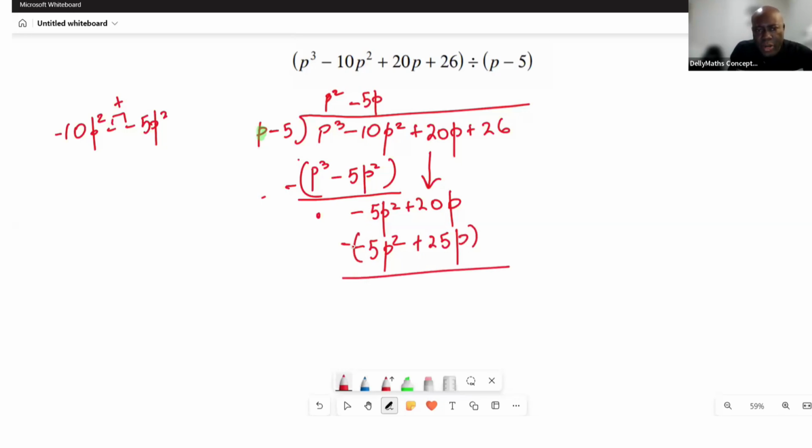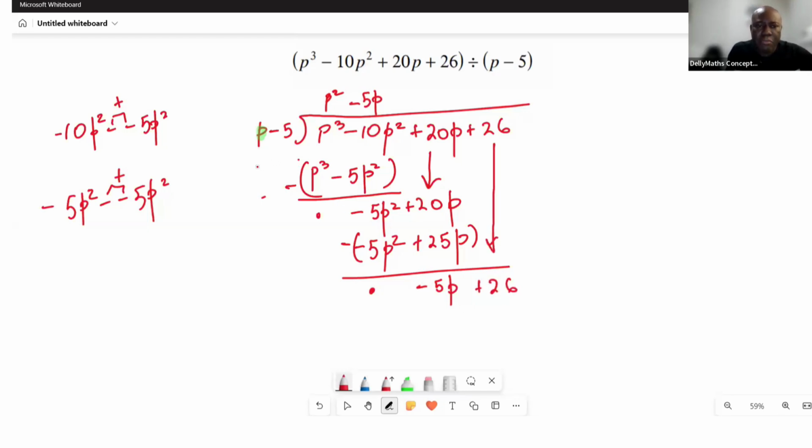So -5p squared minus -5p squared becomes a plus, so you could see that this becomes a 0. 20p minus 25p will give us -5p. And then I'm going to bring down this positive 26 to join.